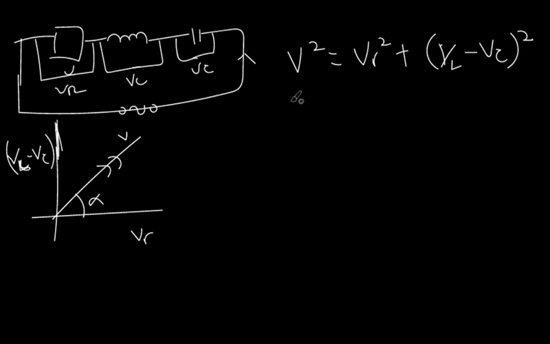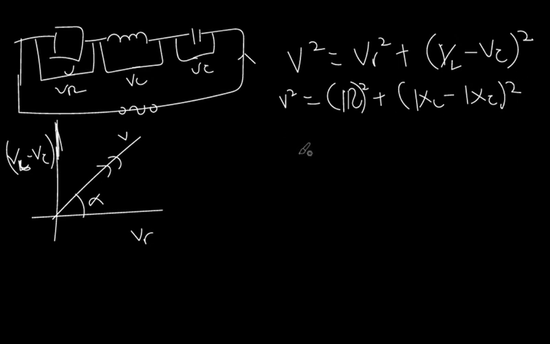So we break this down. We have V squared equal to IR squared plus, in bracket, IXL minus IXC all squared.